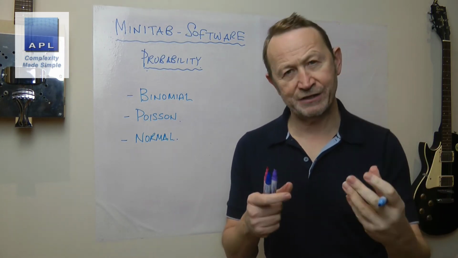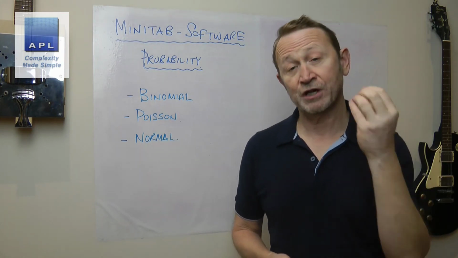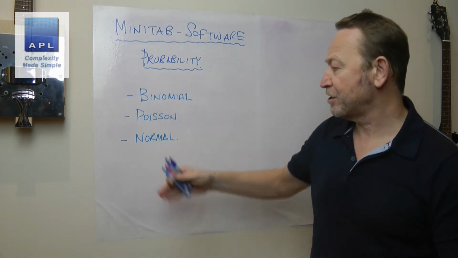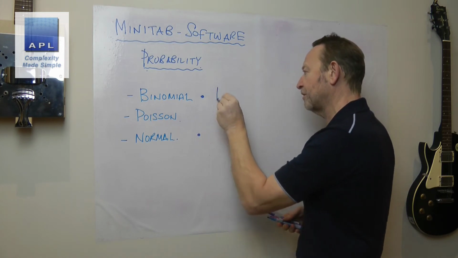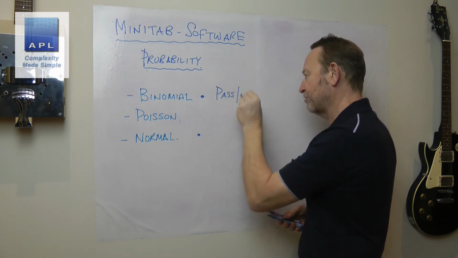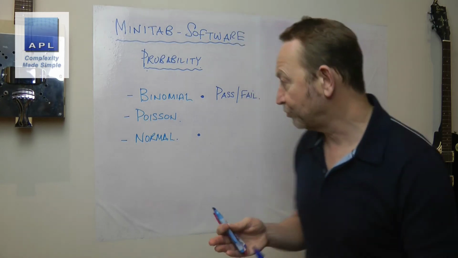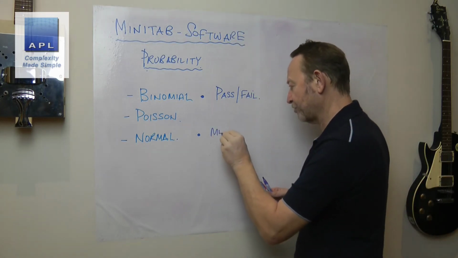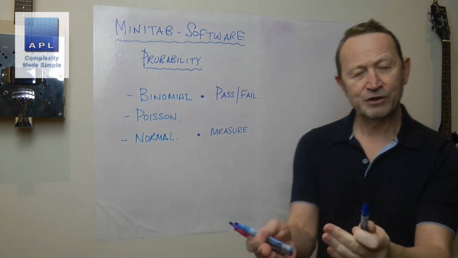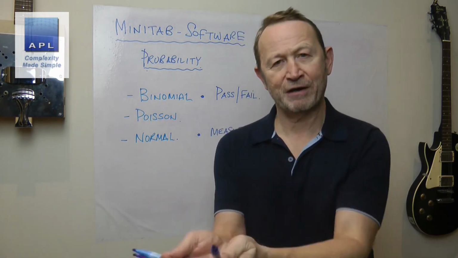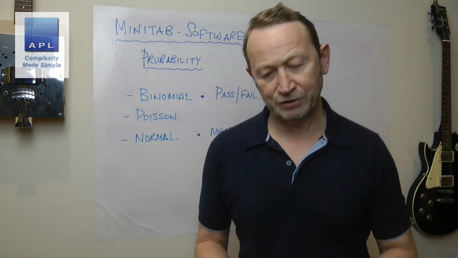Why these 3 distributions? Because when you collect data, typically you are going to collect one of these 3 distributions. There are others in your business, but these are the common ones. Whenever you look at data and you consider it as pass-fail, you're typically collecting a binomial distribution. Whenever you measure something, like measuring the weight of a Mars bar, 50 grams, 49 grams, 51 grams, etc., you're going to typically create a normal distribution.